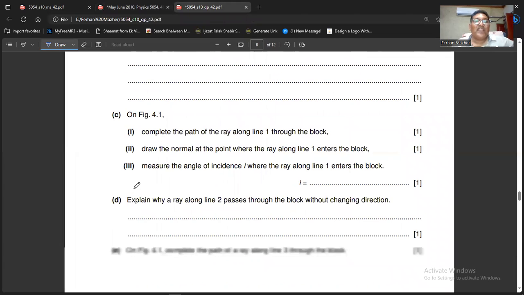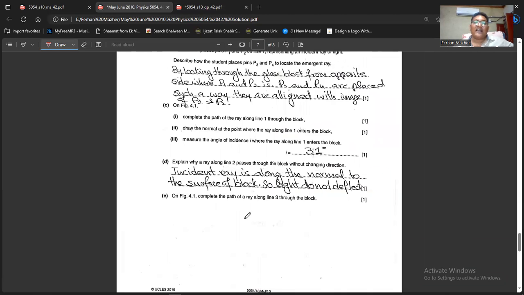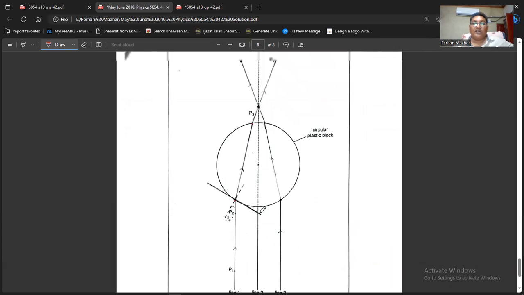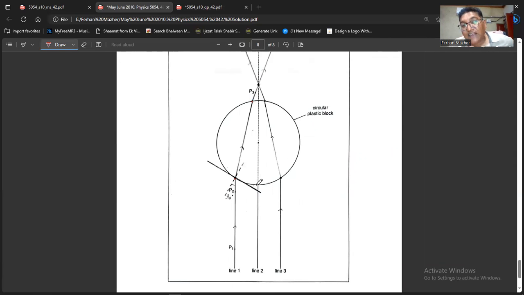Explain why a ray along the line 2 passes through the block without changing direction. If you look at this diagram, the line 2 is going undeflected. Why? Because it entered the glass block along the normal. When you enter along the normal into a surface, into a medium, your direction does not change.